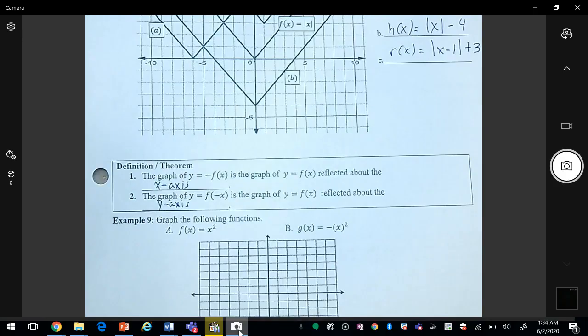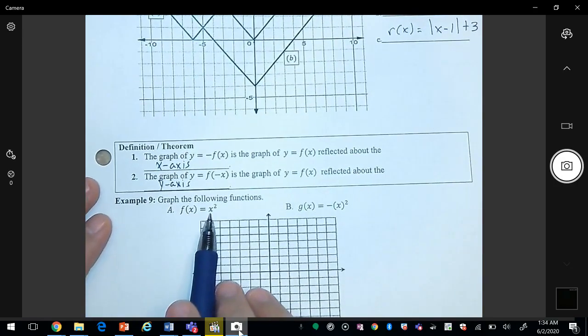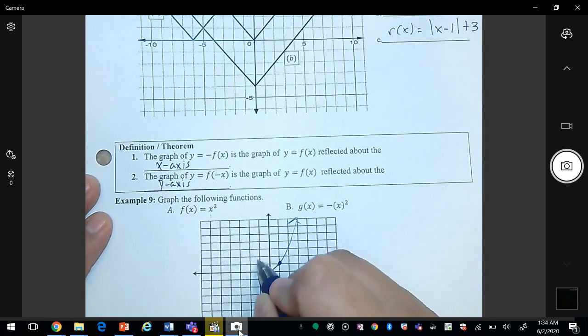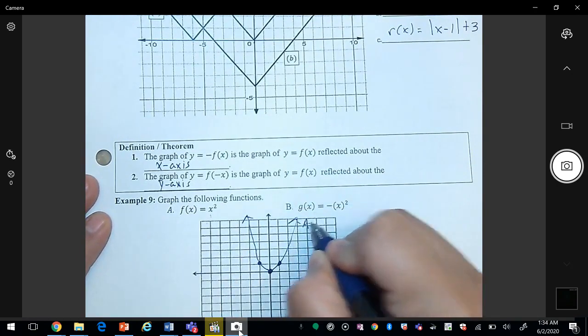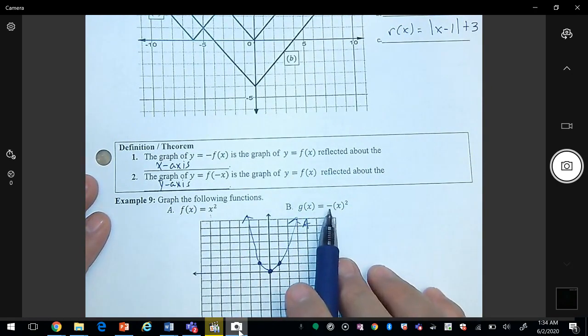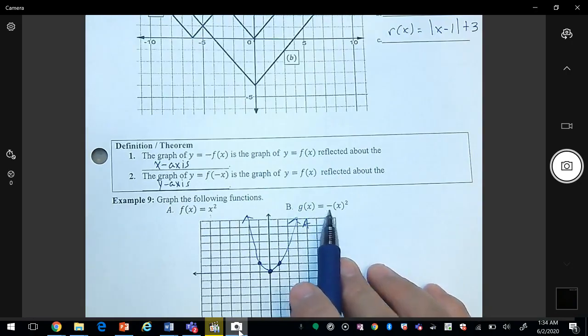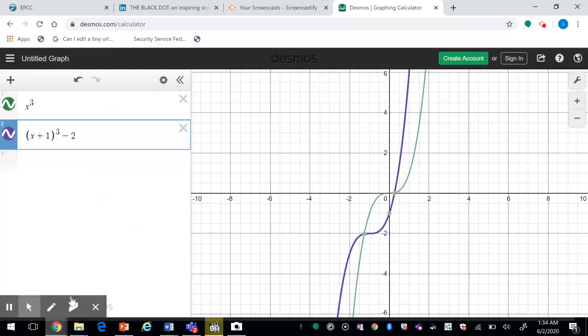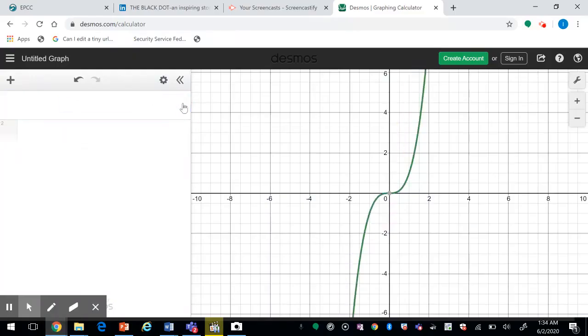So for example, here we have the parent function x squared. So this is a. And then notice for b, we have a negative in front of the x squared. And so if we graph that function, notice what we get.